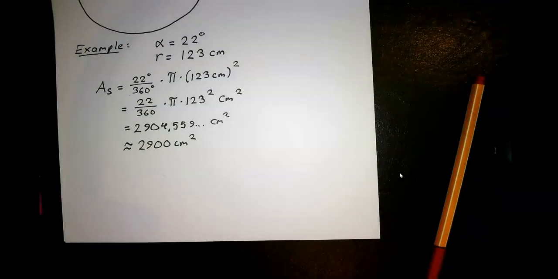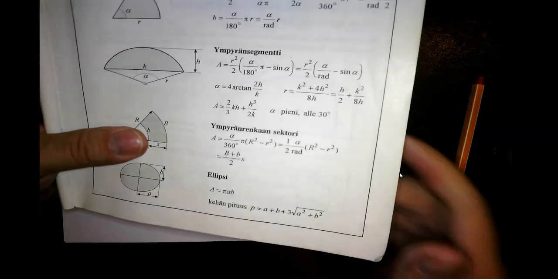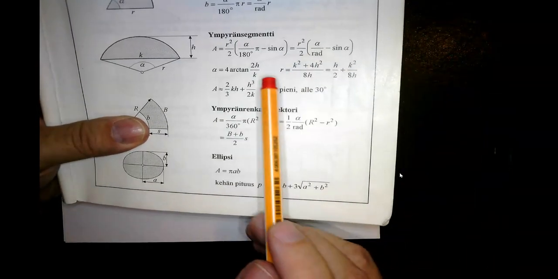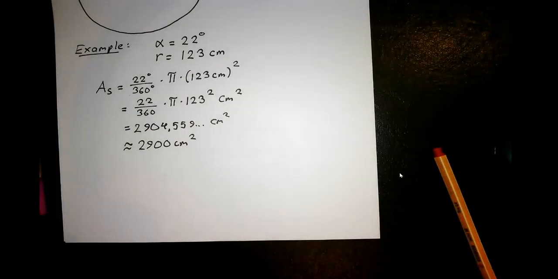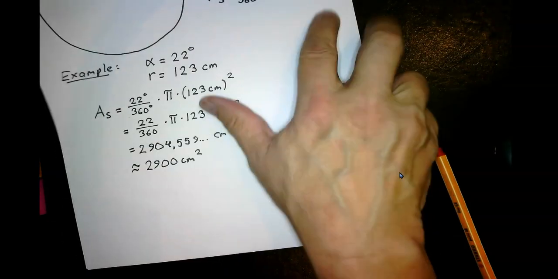Let's take another book. I think this is better or more easy to understand, at least in my opinion. Ympyrän segmentti in Finnish. Let's draw that or write that name.